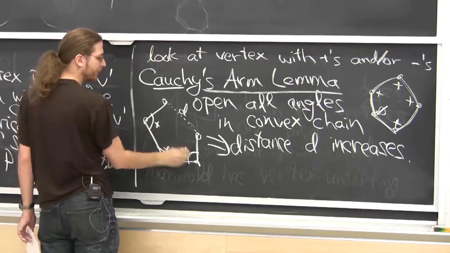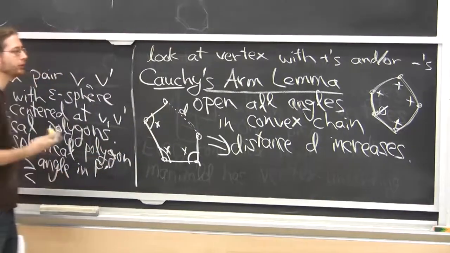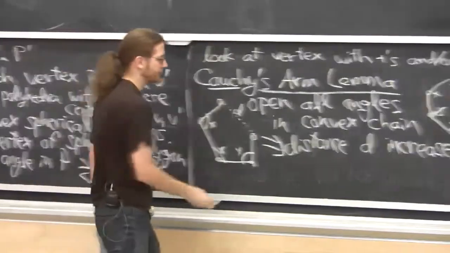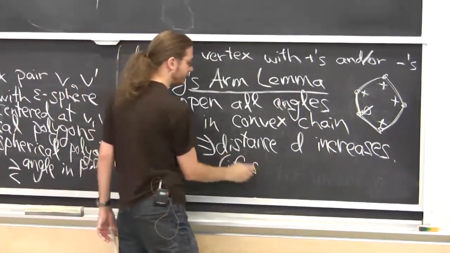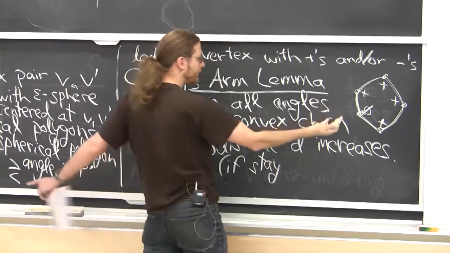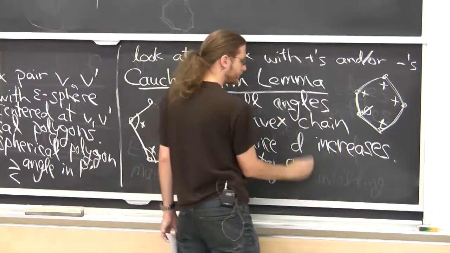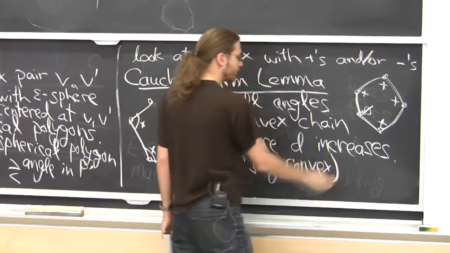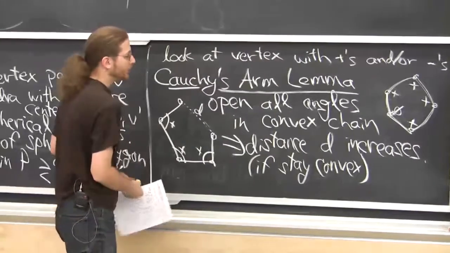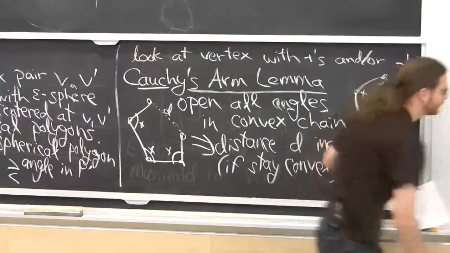Some of them could stay the same, but then this distance will increase, as long as you stay convex. I should mention that. But in this situation, we know that both the initial position in P and the target position in P prime are both convex. Okay, let's just take that lemma as given. This is the one I don't like.